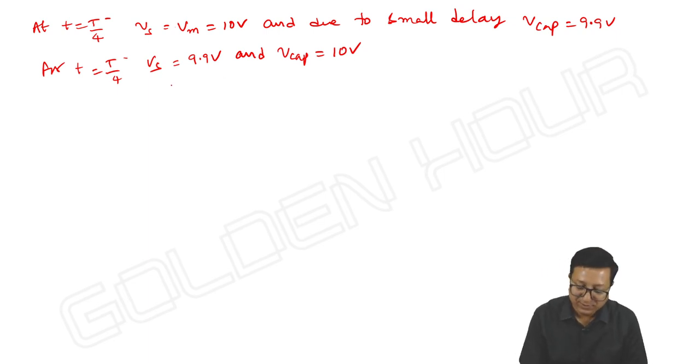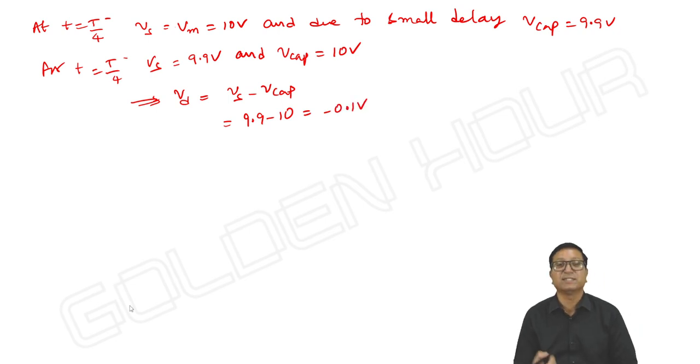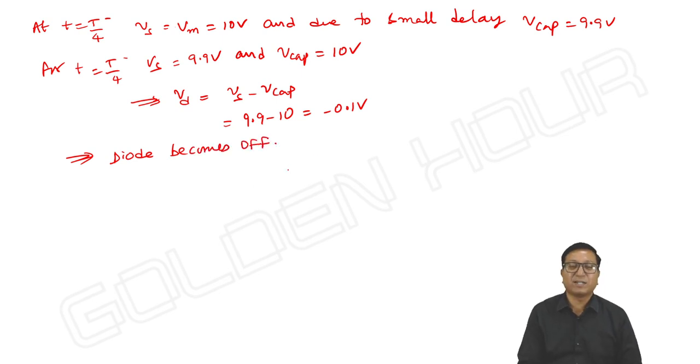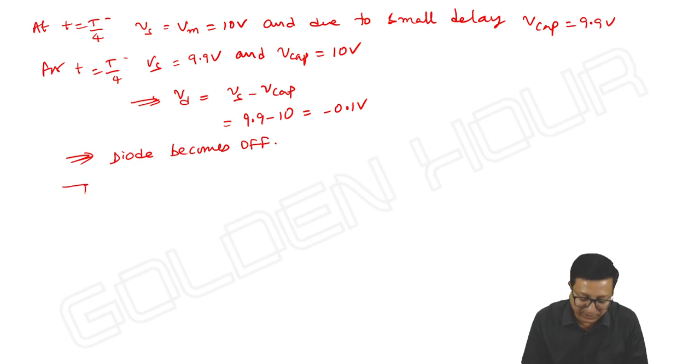Which implies Vd is equal to Vs minus V capacitor. It is 9.9 minus 10. It is minus 0.1 volt. It is negative. Whenever the diode experiences a negative voltage, immediately the diode becomes off. Once the diode is off, then what is our equivalent circuit?